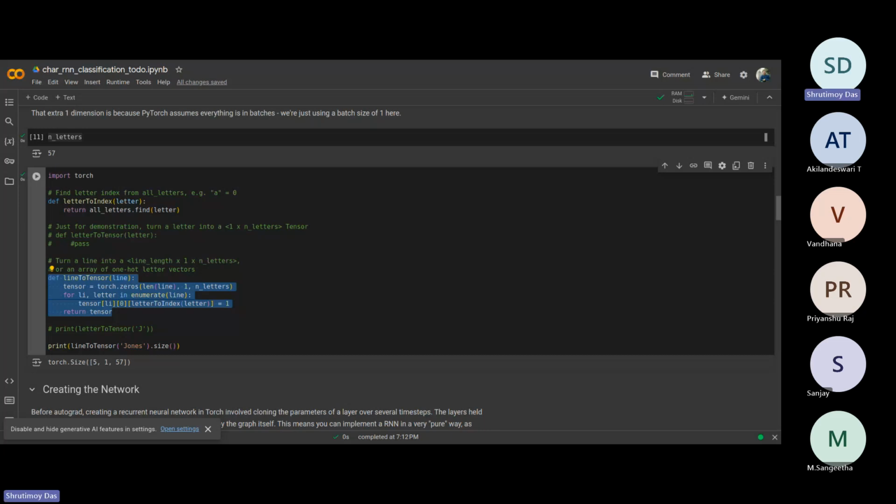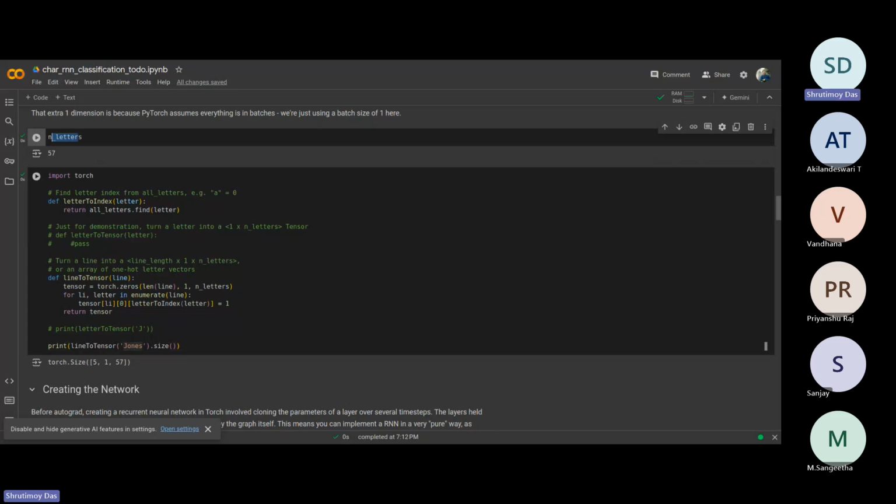If we look at it, we have this word Jones, which has 5 letters. That means it will have an embedding for each letter. We saw that the number of letters was 57, so each letter will have a 57 dimensional input. J occurs at position 10, so you have a vector of length 57 with zeros at all places except position 10, where there will be one, because that is the embedding for J. For O, it will be at a different position, maybe 13 or 14.